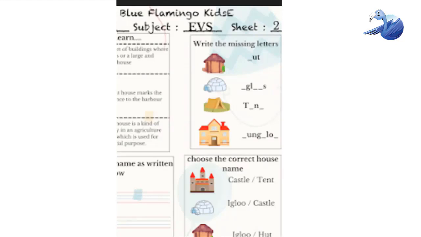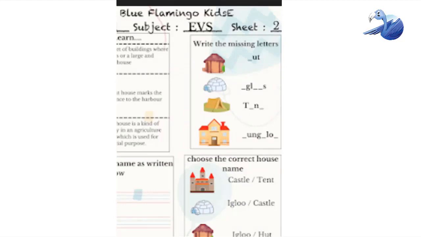Which picture is this? Igloo, and igloo is also known as ice house. And the spelling of igloo is I-G-L-O-O. Igloo.